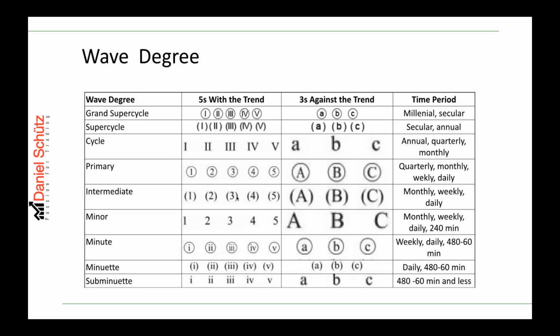And to make it much more complicated, we have the wave degrees. I'm terribly sorry, but something is going wrong with the character set. Here the slide looks a bit unattractive.